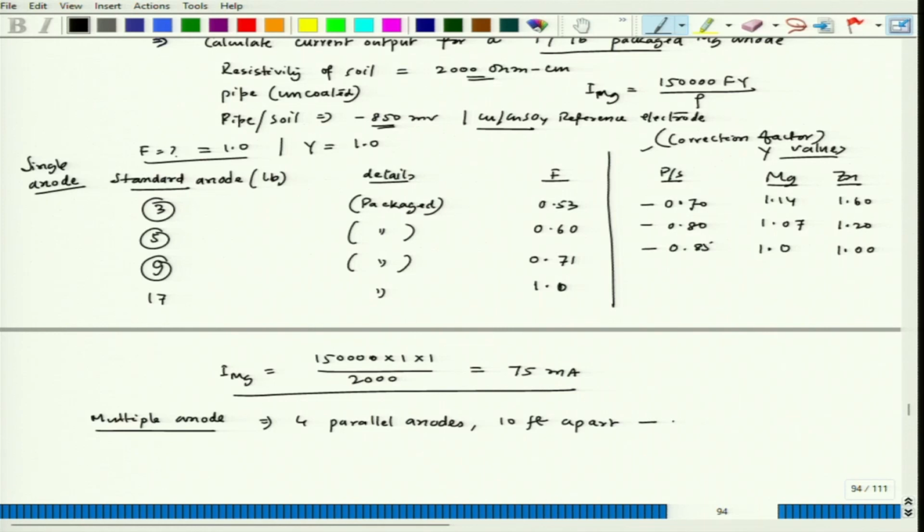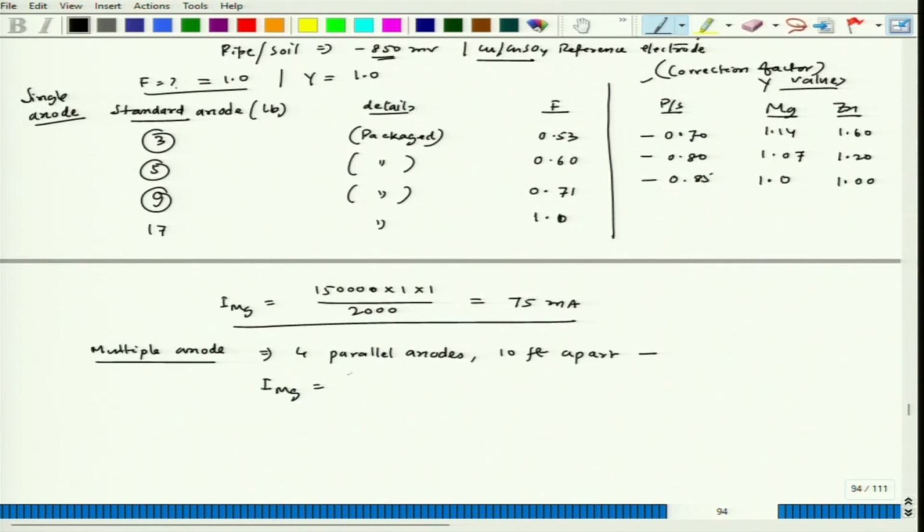One can obtain the current requirement like this. I_MG would become, now here also you have to use one correction factor. That correction factor comes from the number of anodes as well as the anode spacing in feet. So in that case the formula is like this.